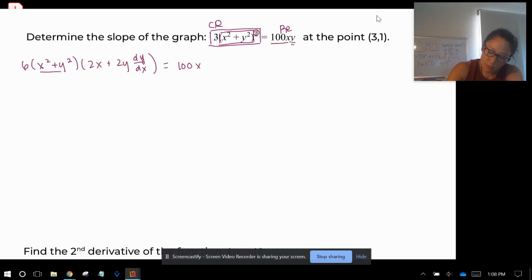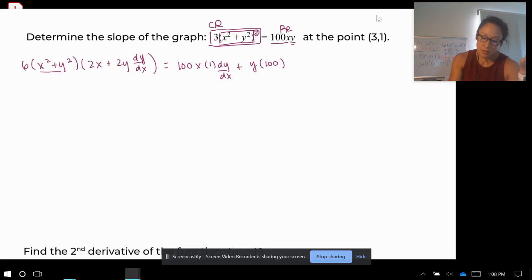D right would be 1 dy/dx plus right, which is y, times the derivative of the left, which is 100, because 100 is the derivative of 100x. Since we're taking the derivative in terms of x, I do not need the dx over dx, because that reduces to 1. Yay! Okay, now you think this is done, but it's not. We have to isolate dy/dx.